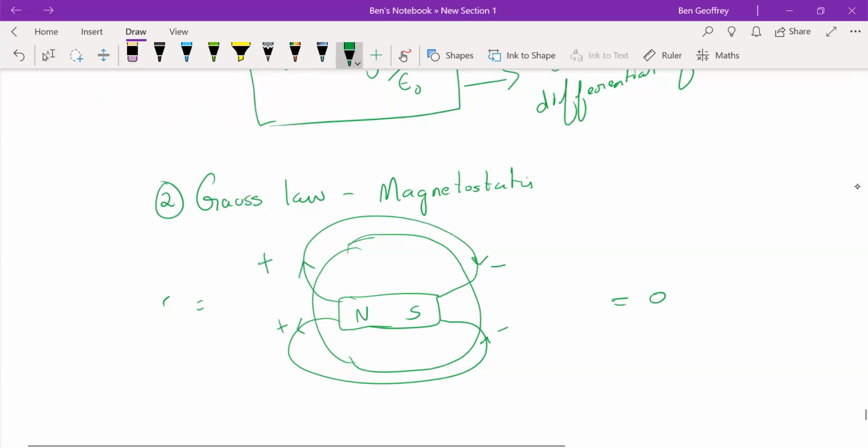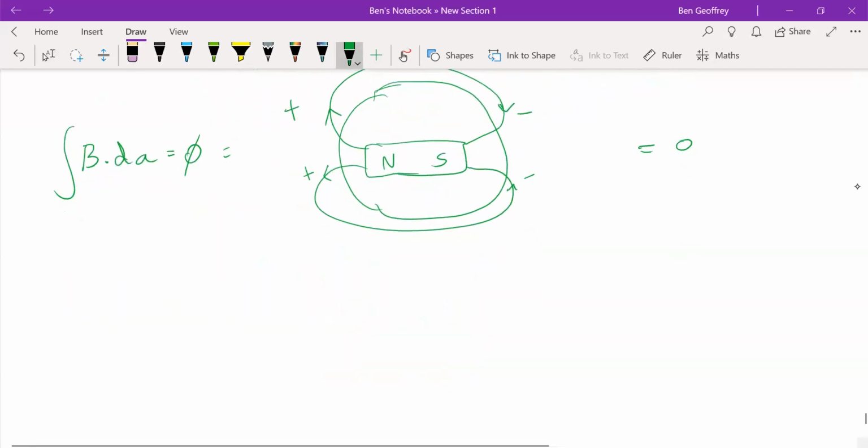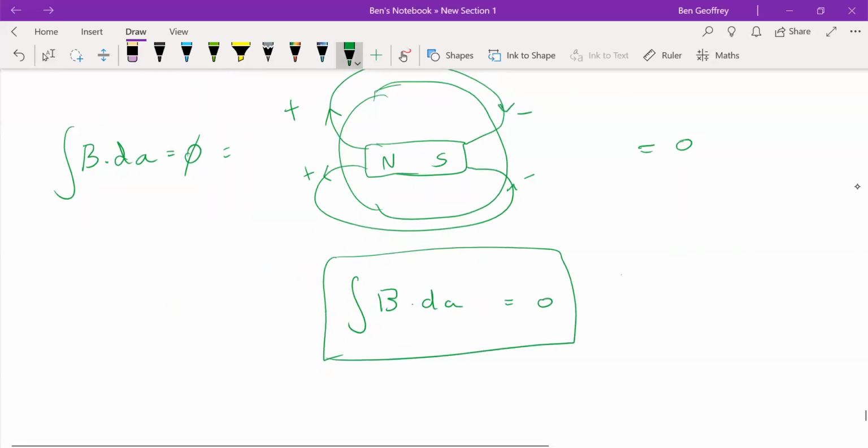Mathematically, there it was E dot dA, here it is B dot dA, the magnetic flux. So this is equal to zero. This is your second Maxwell equation in integral form.